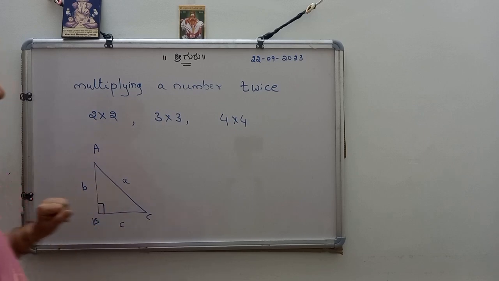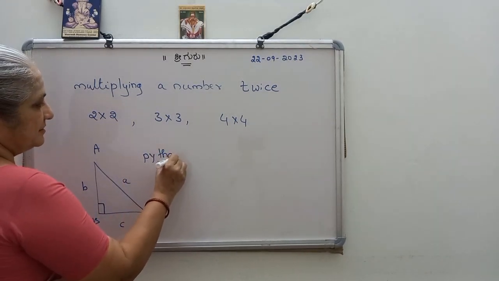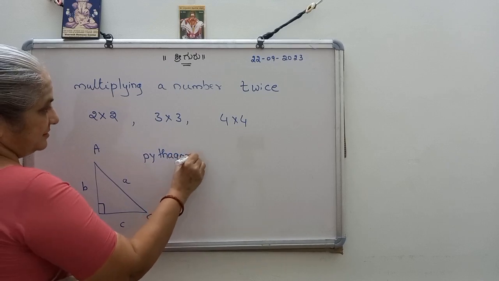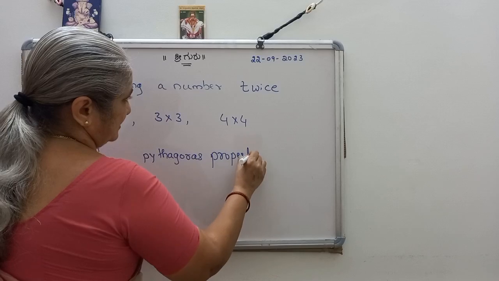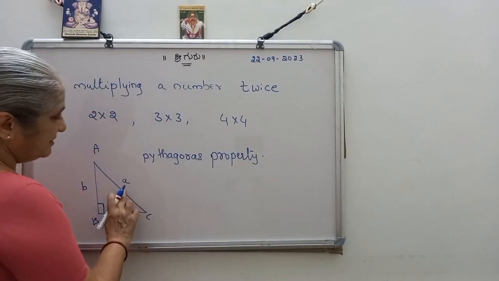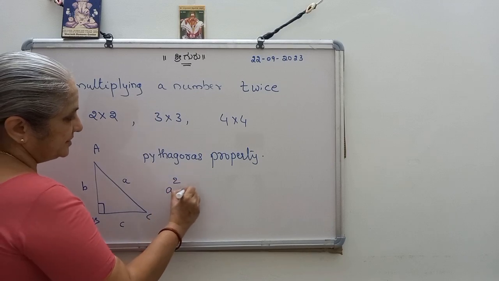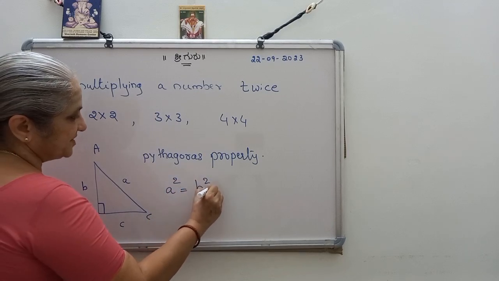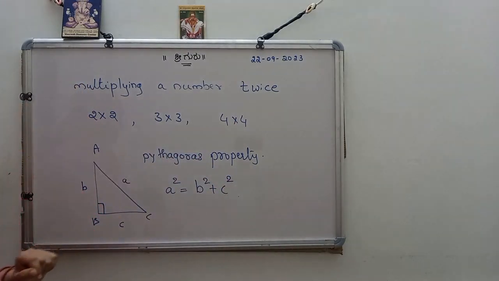We have the Pythagoras property. It says a square is equal to b square plus c square.